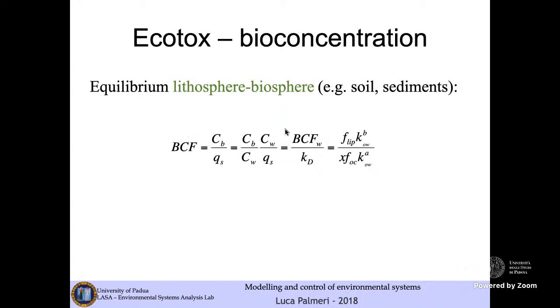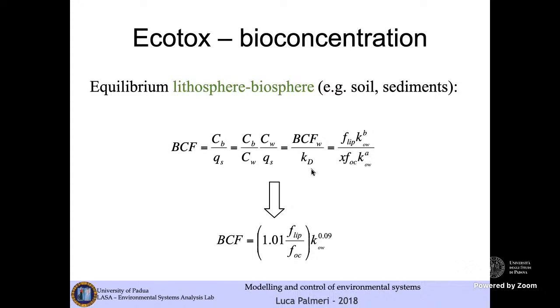And you know that the bioconcentration factor in water depends on the KOW. And we are now introducing a new model for the partition between liquid and solid. And we make the partition between liquid and solid depend on the fraction of organic carbon and on the KOW of the contaminant.